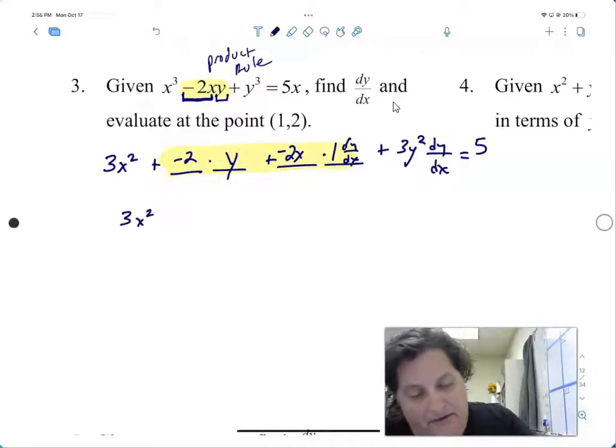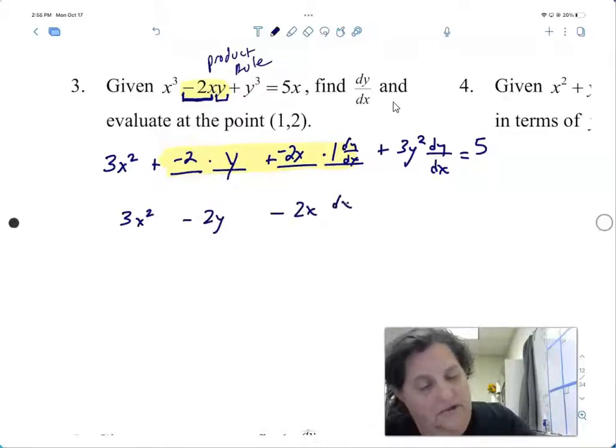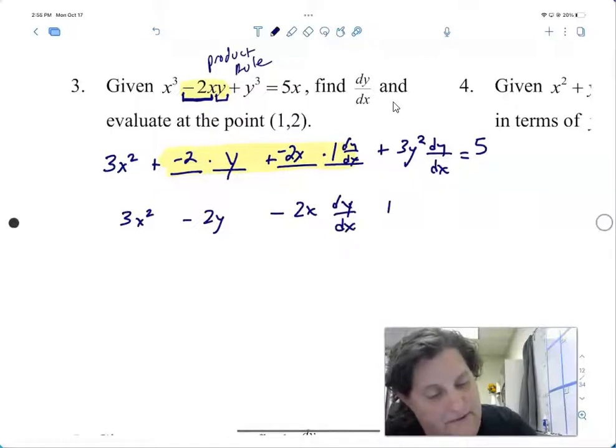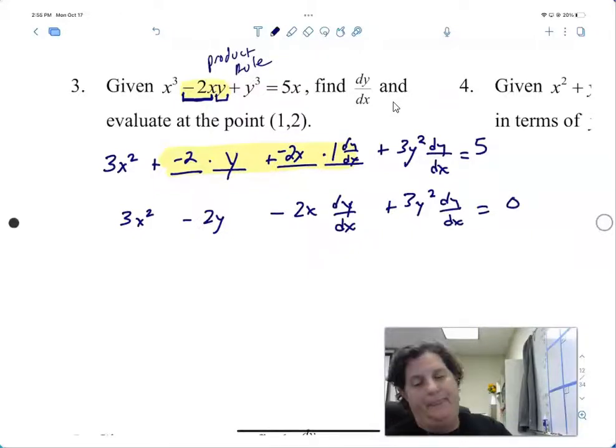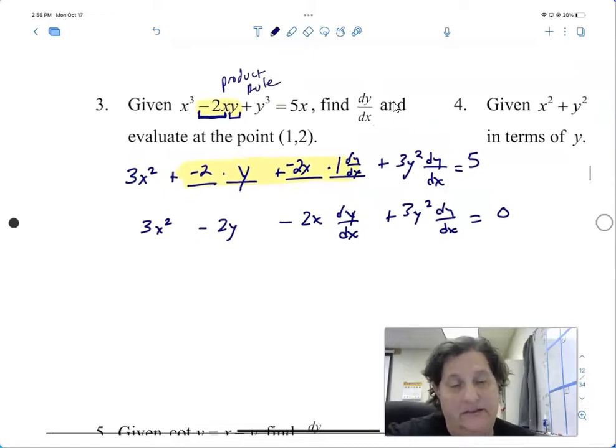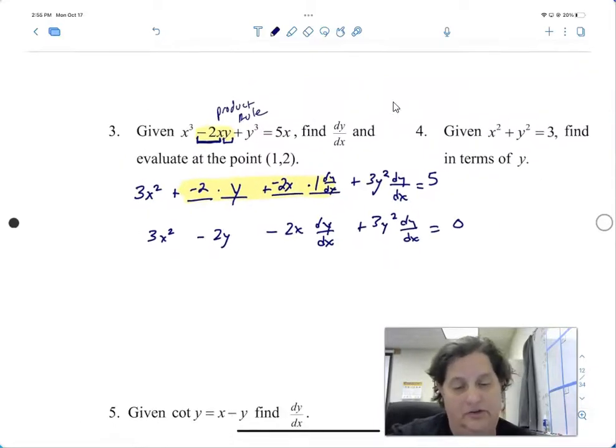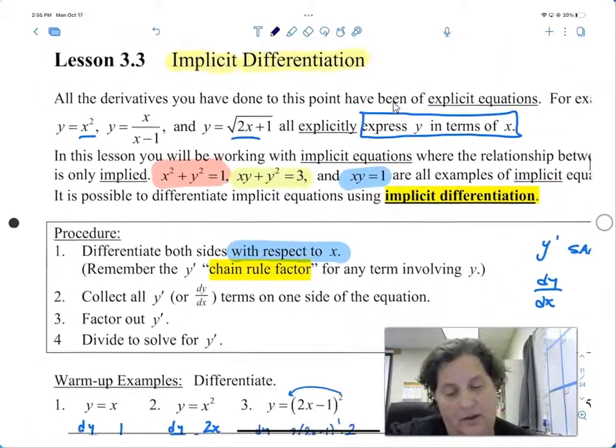Let me put this all together: 3x squared minus 2y minus 2x dy/dx, plus 3y squared dy/dx equals 0. Now let's go back to these steps. You can see a bunch of terms, and it's exactly what we want.